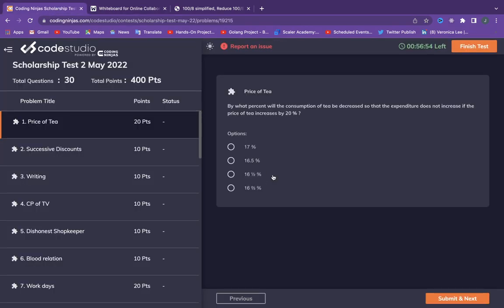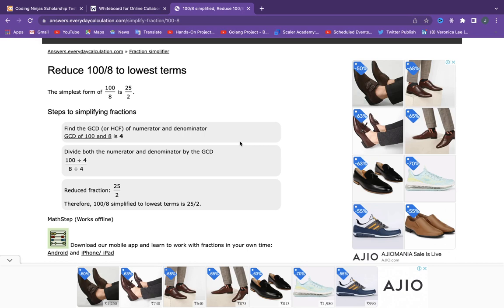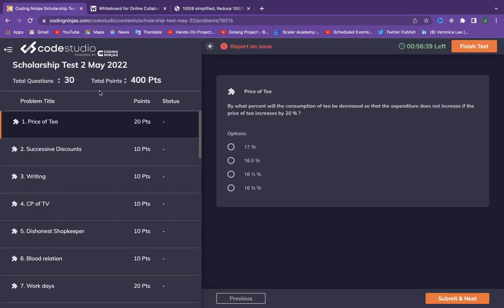And now the options satisfy that. 12.5. This is great. I can't answer a simple question.